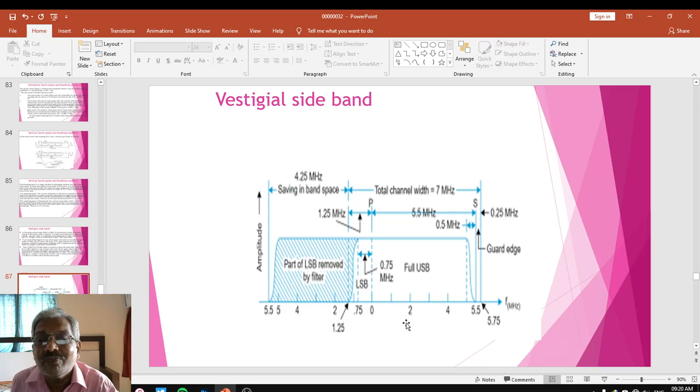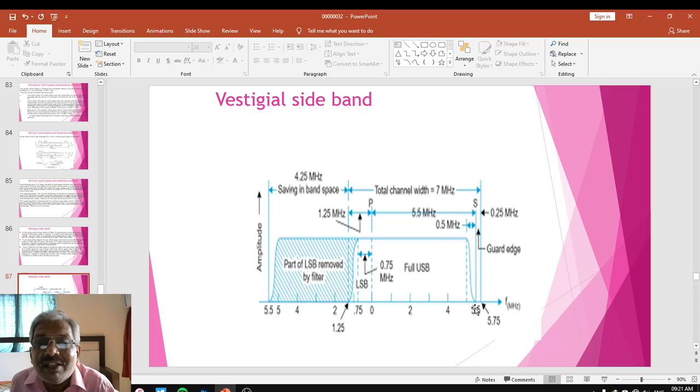what is done is that the upper sideband is considered fully up to 5 MHz, whereas the lower sideband is clipped at 1.25 MHz here. Now at 5.5 MHz, the sound carrier is introduced. Look here, this is what is called the sound carrier.